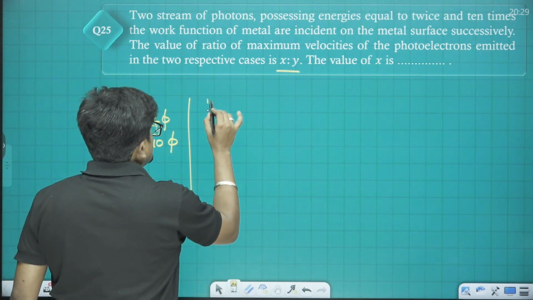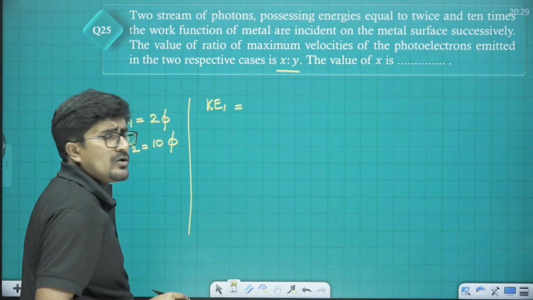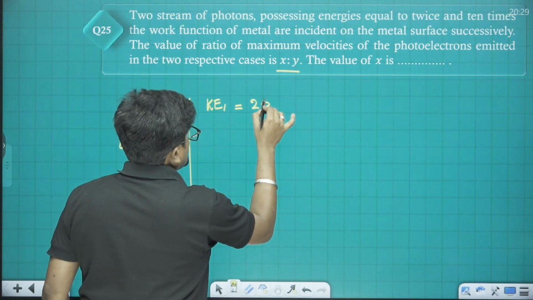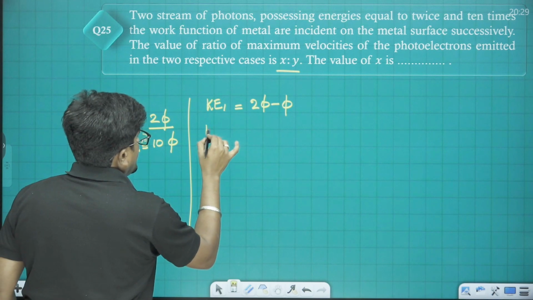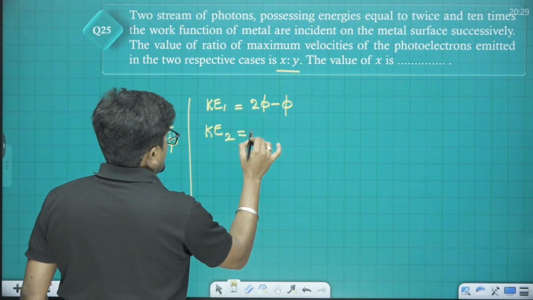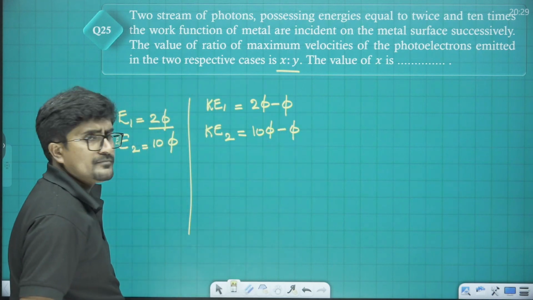So the kinetic energy for case 1 needs to be equal to the energy of the incident radiation, that means 2 times 5 minus the work function. And kinetic energy in case of the second one needs to be 10 times 5 minus 5.